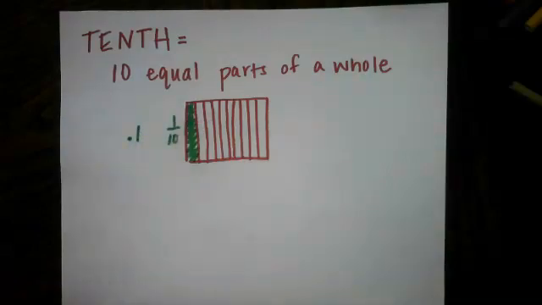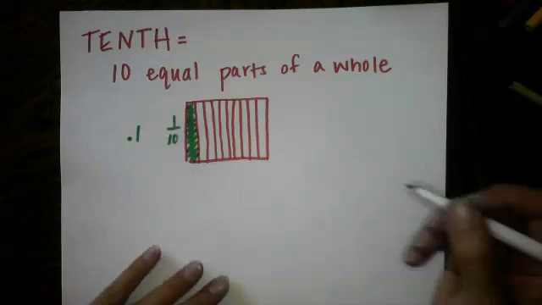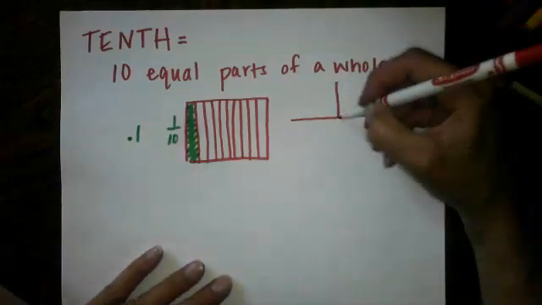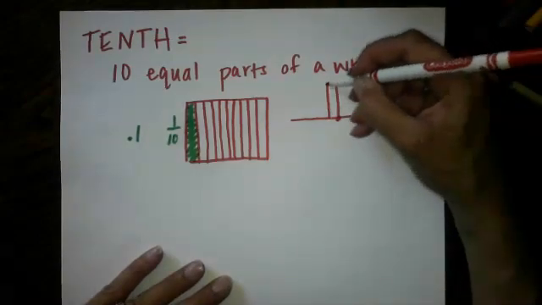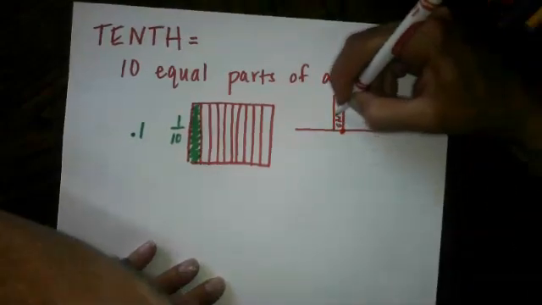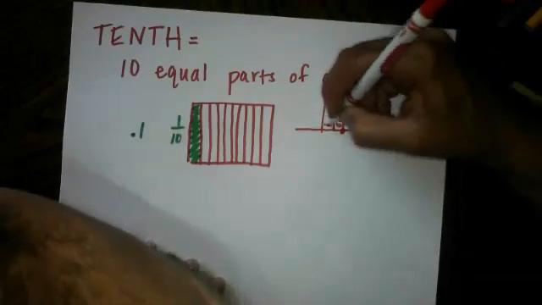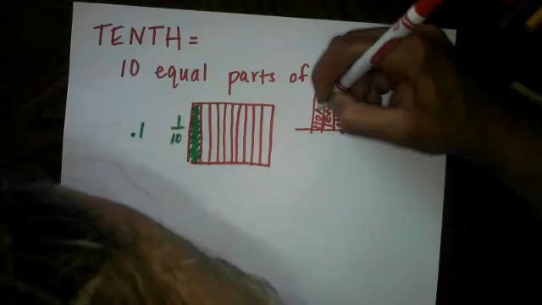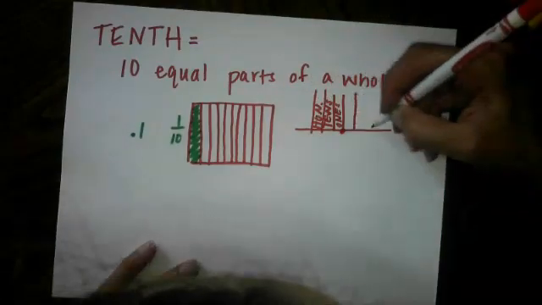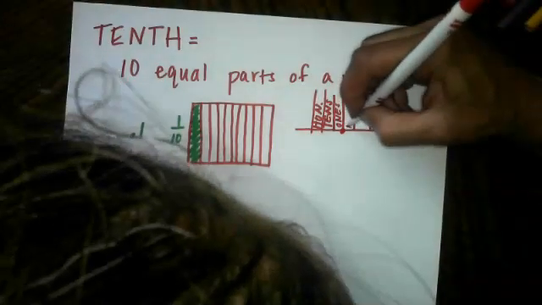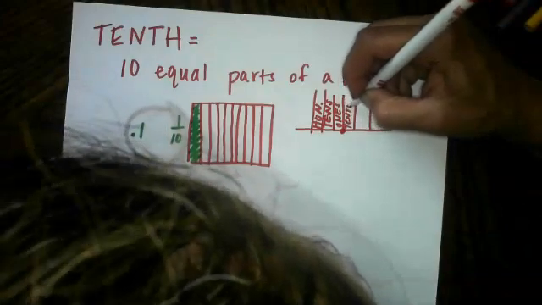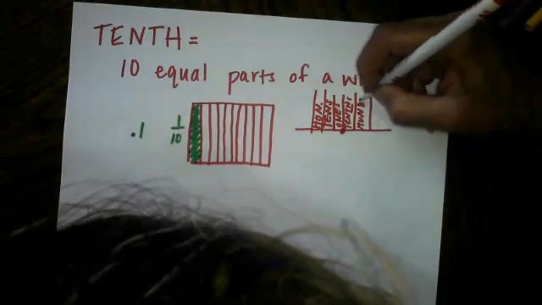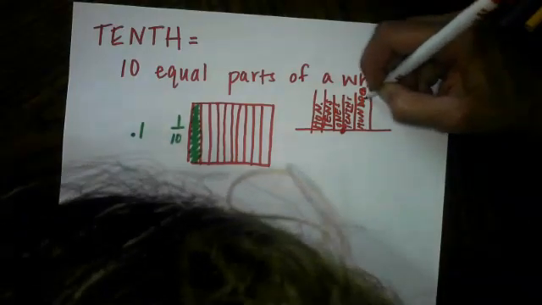Now let's think about that place value chart I drew on the last page. Okay, so I have my dot, my ones, tens, and hundreds. And then remember on this side, I have my tenths with my TH and my hundredths.